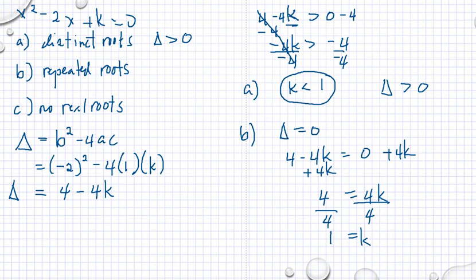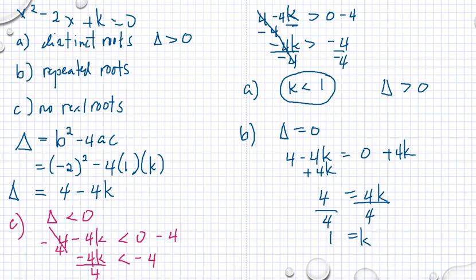Let's see C. No real roots, that means our discriminant should be less than 0. So if we have 4 minus 4k is less than 0, then if we subtract 4 from both sides of the equation, 4k is less than negative 4.